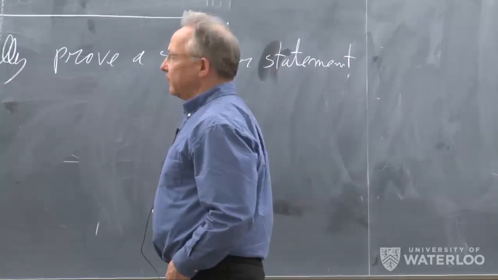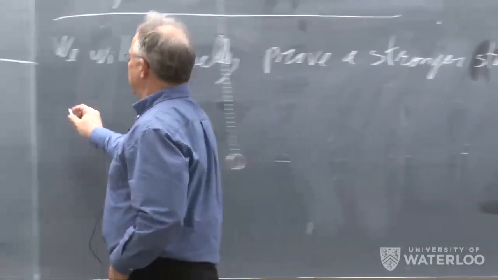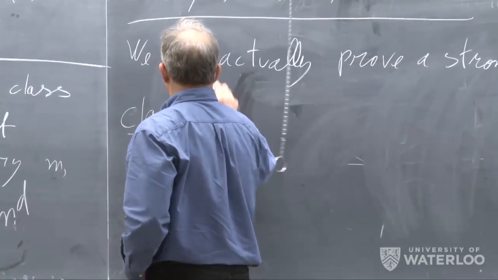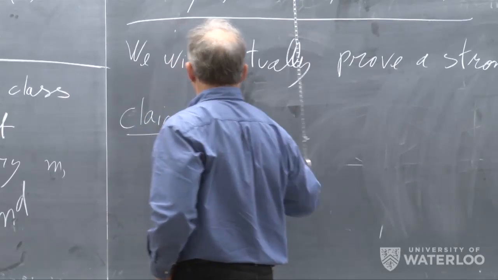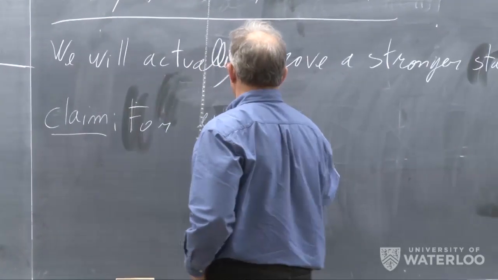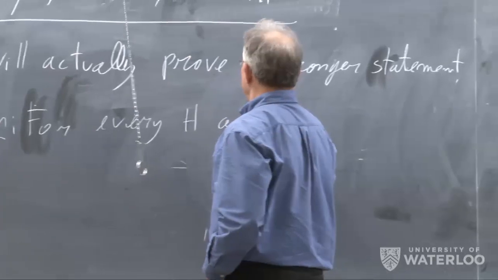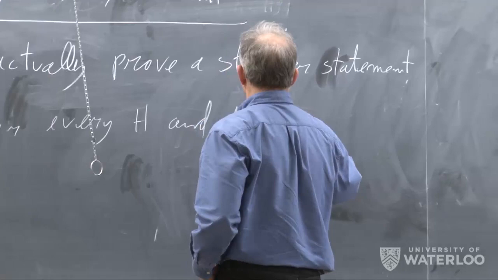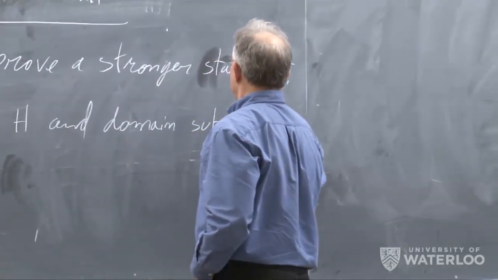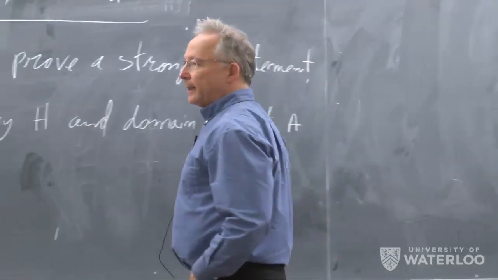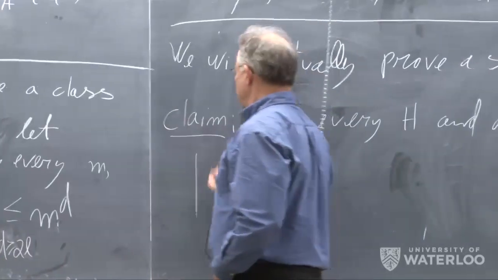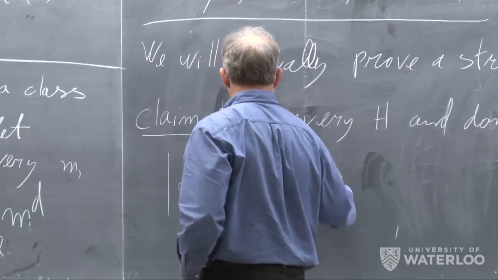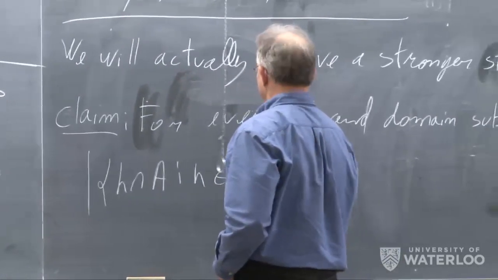And this is the following claim: for every H and domain subset A, the number of behaviors of H on A, right?